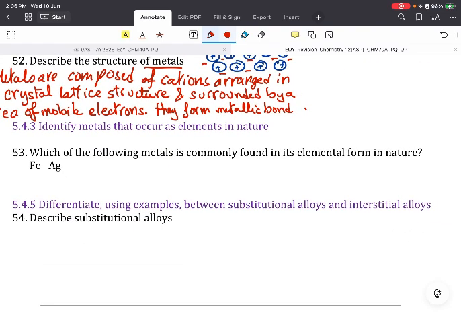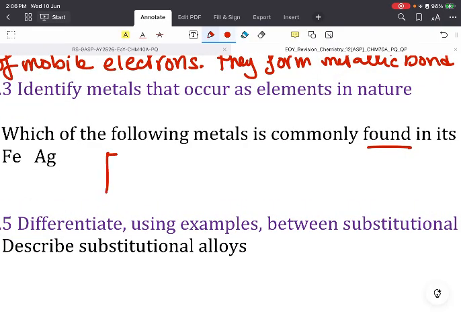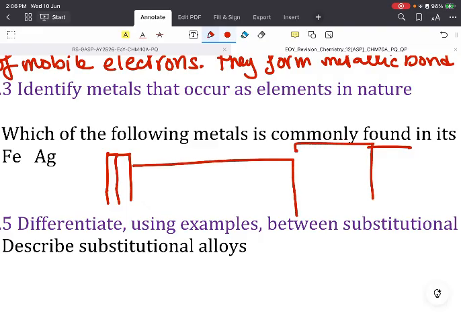Which of the following metals is commonly found in its elemental form in nature? I'm just going to give you this hint, and you should memorize it. In the periodic table, you have the S block elements, you have the transition metals in the middle, and on the side, you have the P block elements.